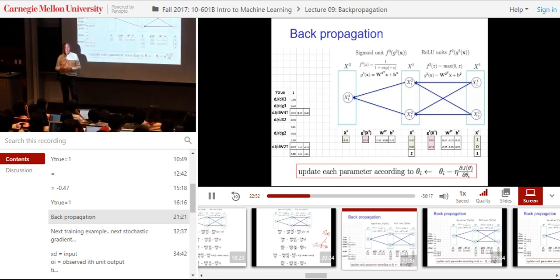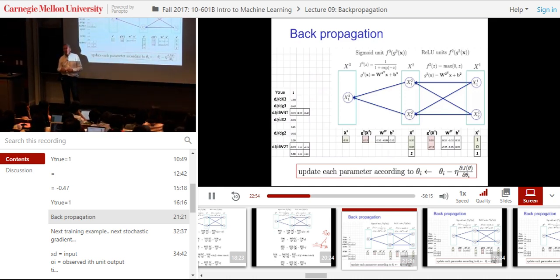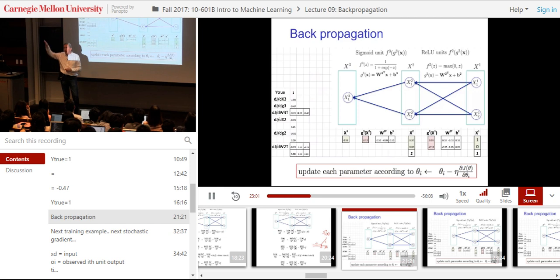If we make it too small, it takes a long time for gradient descent to iterate to get to the answer. If we make it too large, then we might go right through the bottom of a valley and miss the minimum. So we want it small enough that we can take small steps, especially when we're near the minimum we're settling into. We don't want to bounce back and forth across that valley.